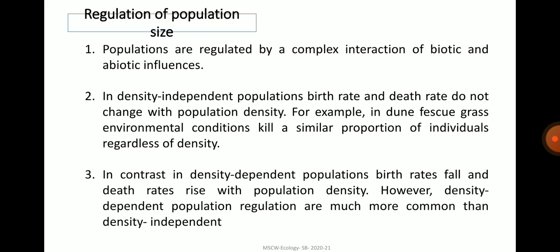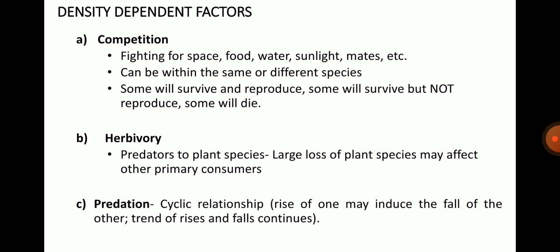For example, in dune fescue grass, environmental conditions kill a similar proportion of individuals regardless of density. In contrast, in case of density dependent populations, birth rates fall and death rates rise with population density. However, density dependent population regulation is much more common than density independent.